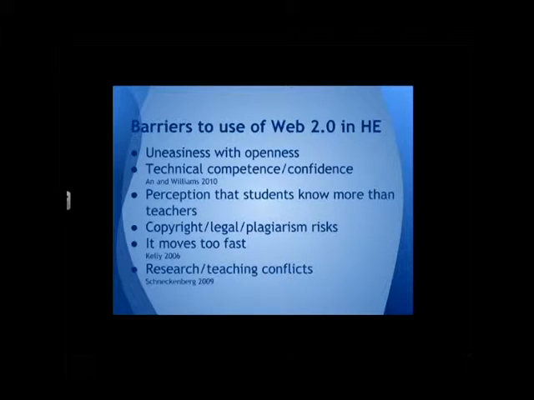Well, it's partly to do with uneasiness about openness, putting things out there online for everybody to see, sometimes among academic staff. Sometimes it's about technical competence using such tools, or perceptions of how difficult they're going to be and that they're all going to be going wrong all the time. Perception that students are going to know more about the things being taught or being used than teachers would.